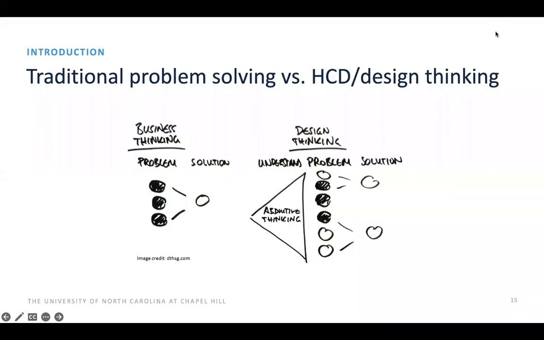And then once more, just want to highlight the differences that we see between traditional problem solving and a human-centered design or design thinking approach. So on the left-hand side, that's labeled business thinking. Oftentimes it's really natural for us to be given a problem. And usually with that problem, there's information about the problem, the people that are related to the problem, the context, and then other important tidbits of knowledge.